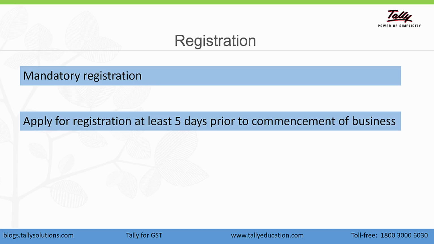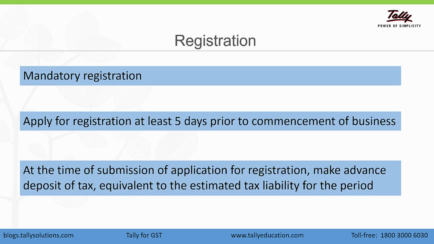They must apply for registration at least 5 days prior to commencement of their business. At the time of submission of application for registration, they have to make an advance deposit of tax equivalent to the estimated tax liability for the period for which registration is sought.